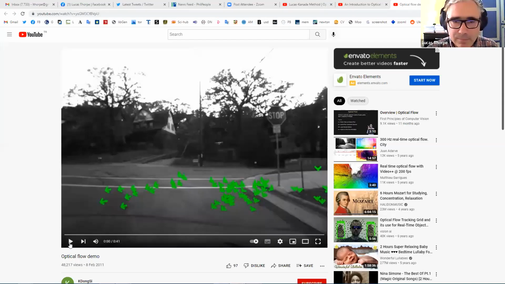So today, when it comes to optical flow, I'm going to show you a video. So here's an optical flow video, and what they've done is that the green lines represent optical flow.